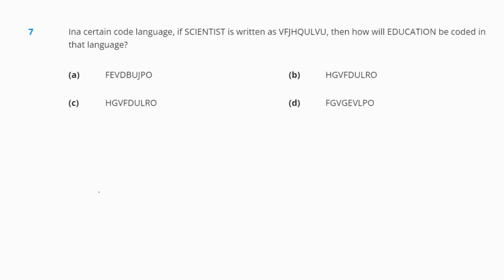If in a certain code language, SCIENTIST is written as VFJHQULVU, then how is EDUCATION coded in the same language? So we'll write here SCIENTIST.